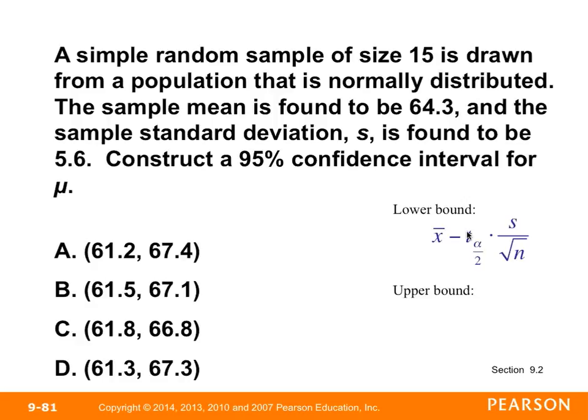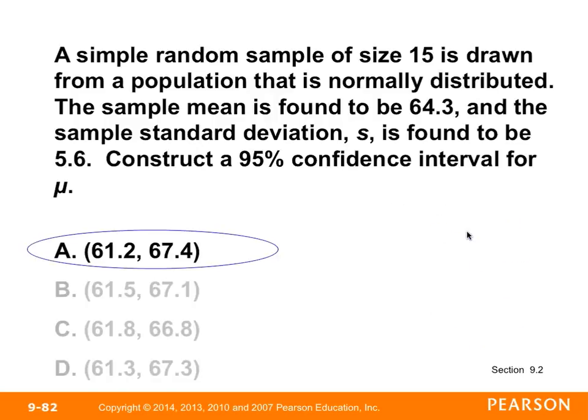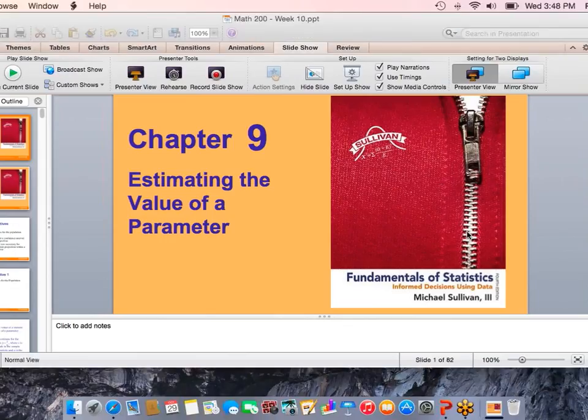You multiply that by s, your sample standard deviation, 5.6, and divide by the square root of 15, because that's your sample size. For the upper bound, you do the exact same thing, except you add instead of subtract. If you do that, you get 61.2 to 67.4. So that is it for this week.